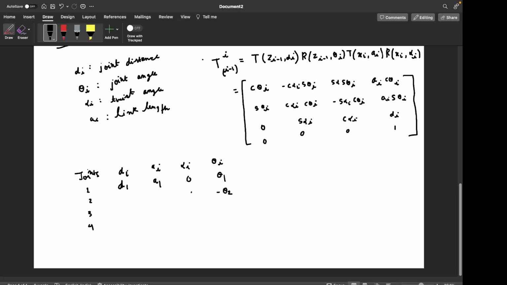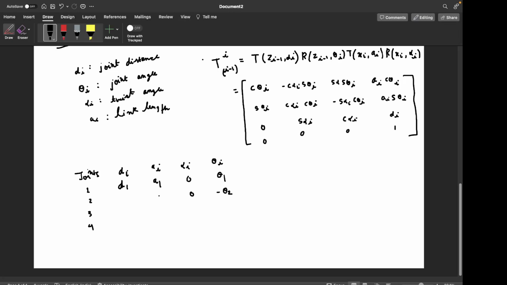Alpha I, as you remember, is the angle of zi about xi, and the zi's are parallel here in the opposite direction but parallel, right?